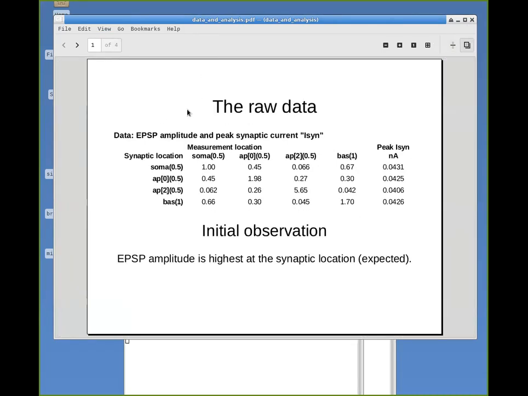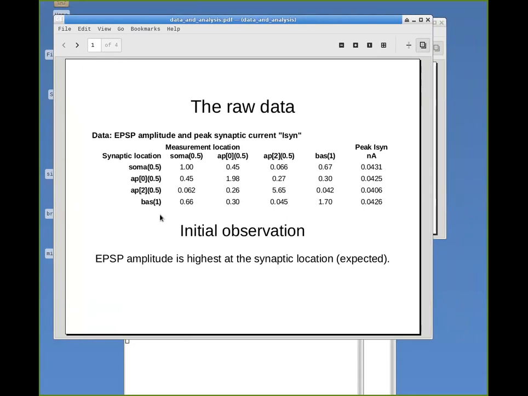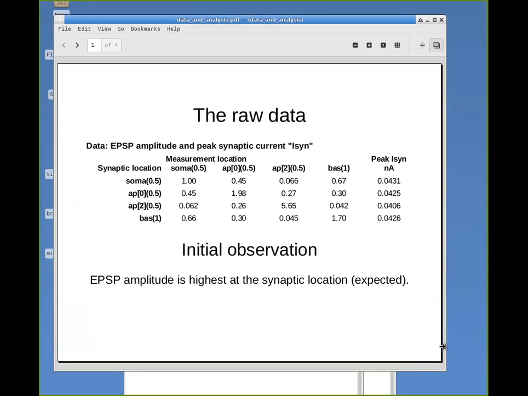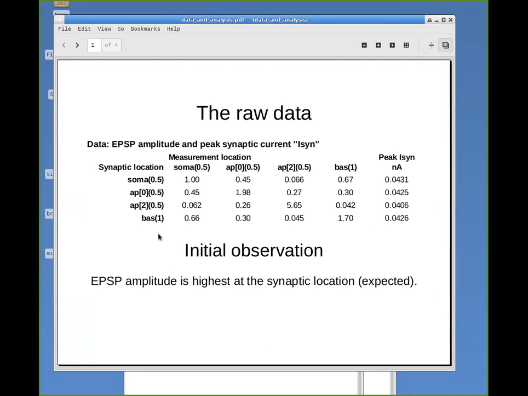So these are the raw data from the experiments, and they're rearranged in a way I think is going to make more sense, in retrospect, than the way I thought, which was pretty much the naive approach.